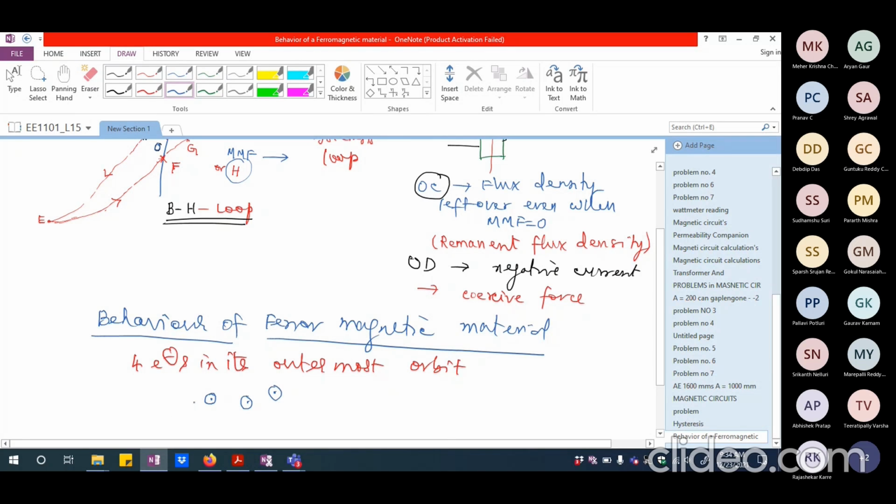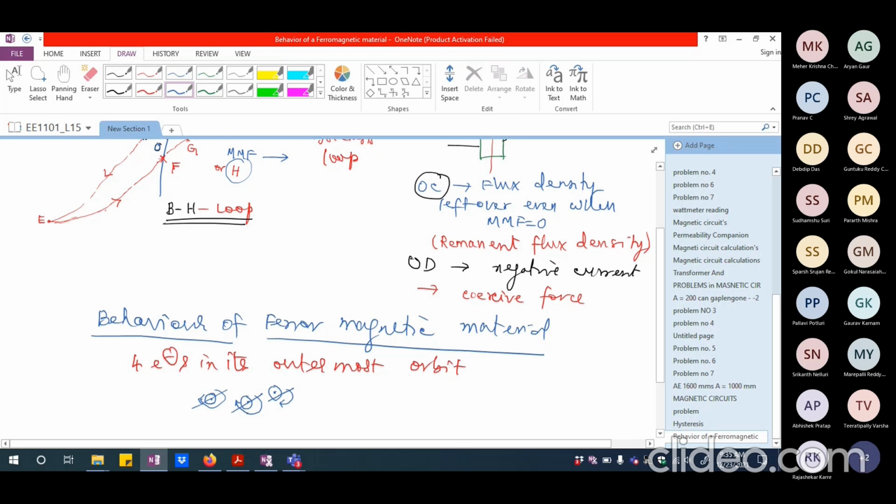Whereas in iron, it so happens that if this electron is spinning around this axis, the others also spin in the same kind of direction with a parallel axis. So all four of them are going to spin in a direction such that their axes are parallel to each other.